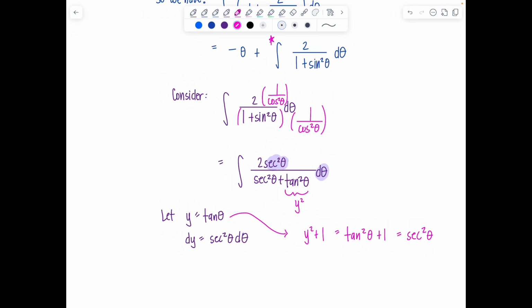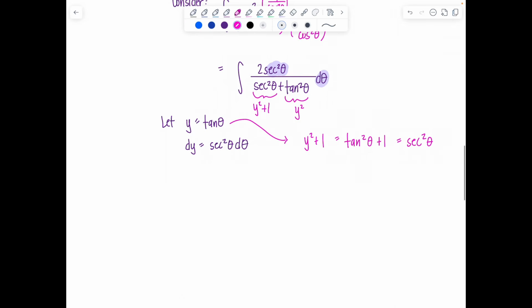So I'm going to replace that secant squared theta down there with y squared plus 1. Now what do we have? Oh my goodness. We have the integral of 2 over y squared plus 1 plus y squared. That's 2y squared plus 1 dy, right?